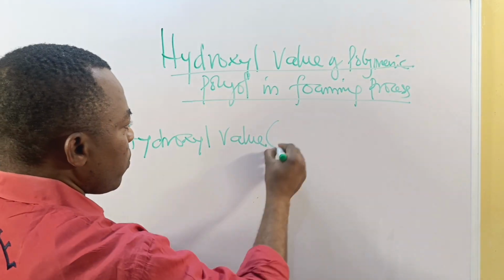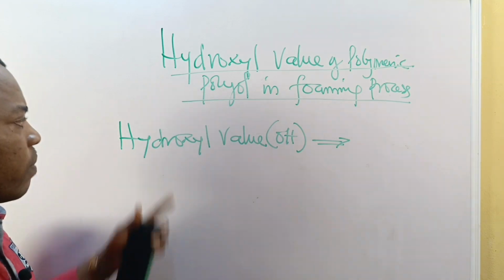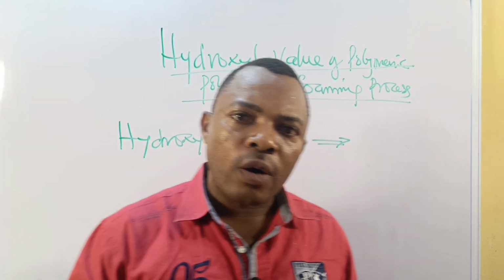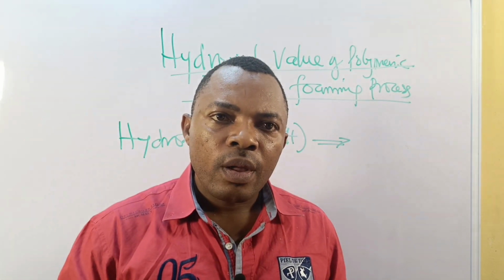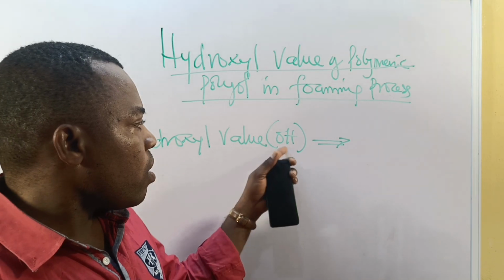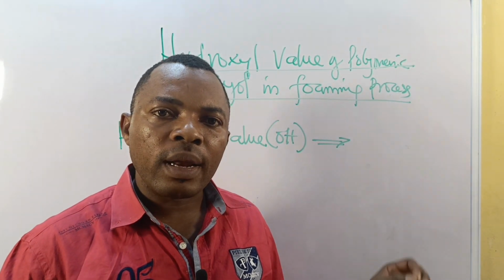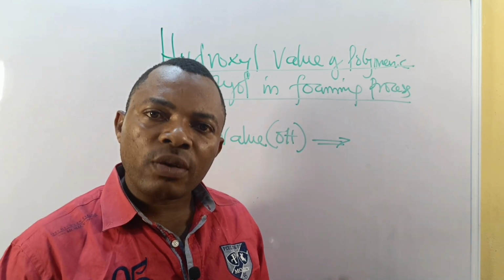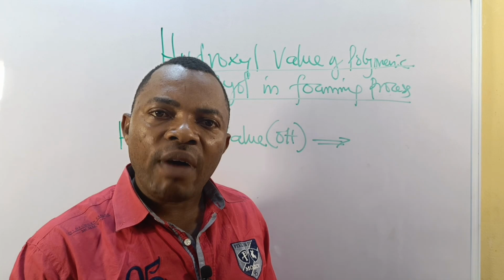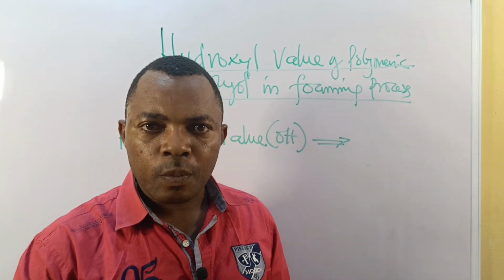So what is this hydroxyl value? Hydroxyl value measures the amount of reactive OH group available in the chemical compound, particularly in the polyol. It is very essential for the reaction to proceed.